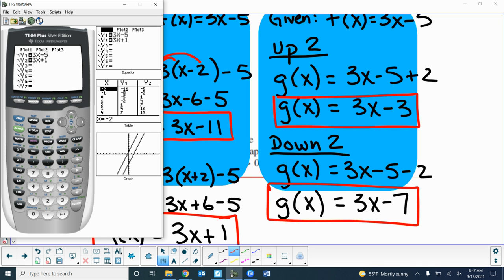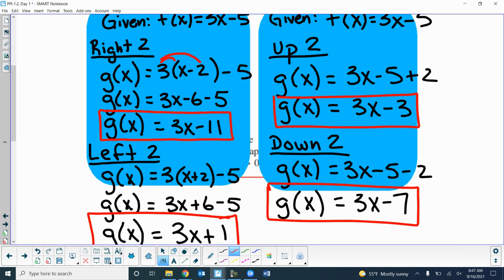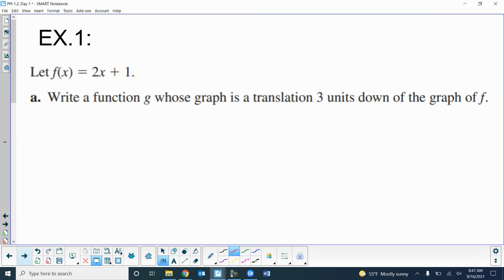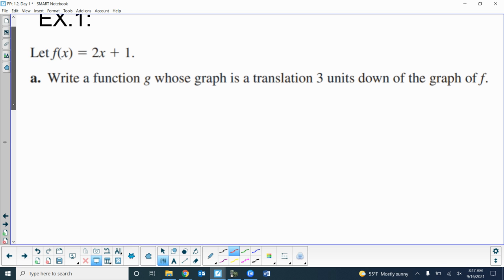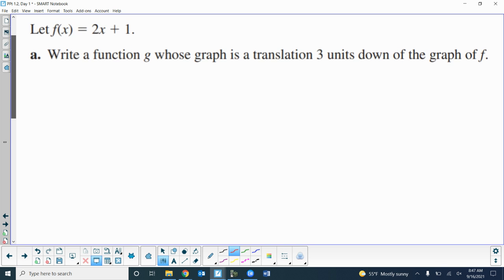Make sense? Any questions? Again, what family are we working with right now? Linear, right? These are linear. Okay? So, why don't you guys try these two examples real quick. Except I got to move that one up for you so you can see them both. There's another one here.